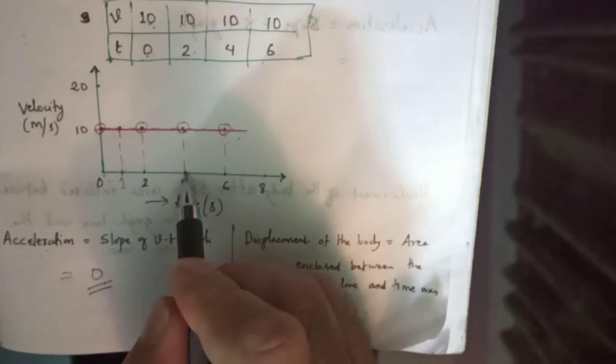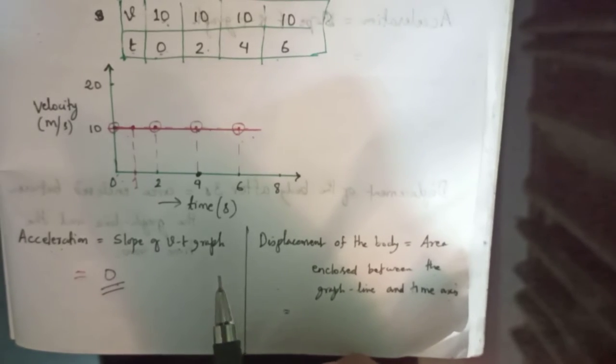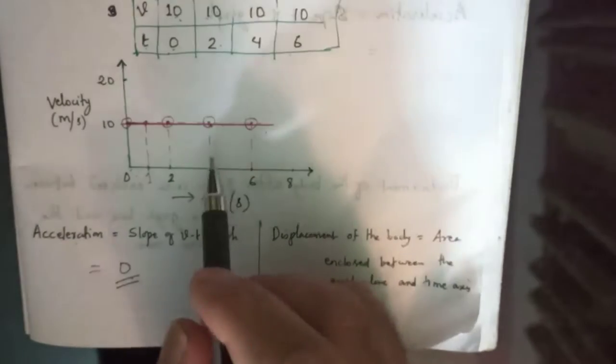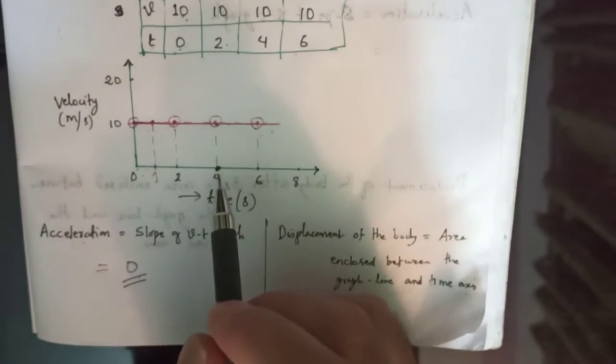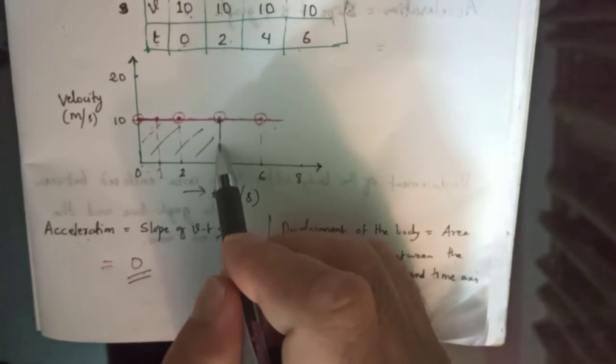So in this graph, if you want to know what is the displacement of the body after 4 seconds, we have to calculate this area enclosed between the graph line and the time axis.